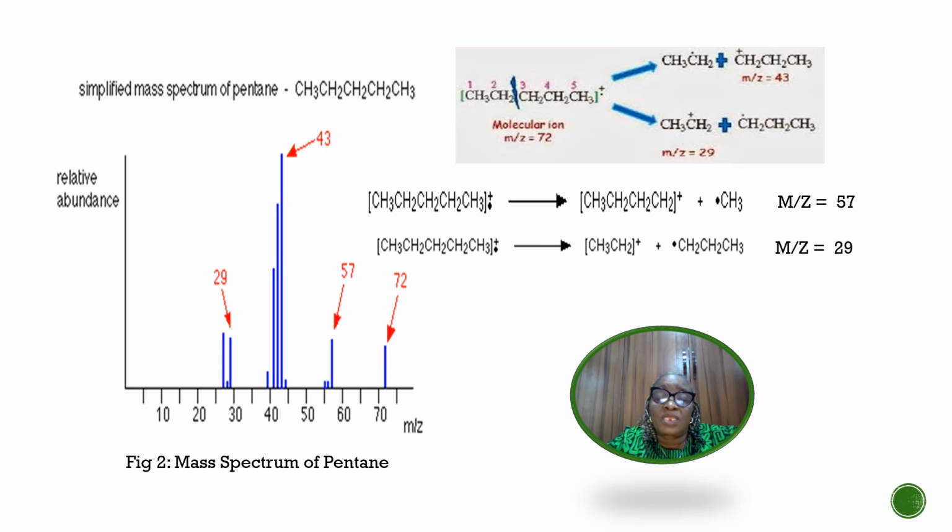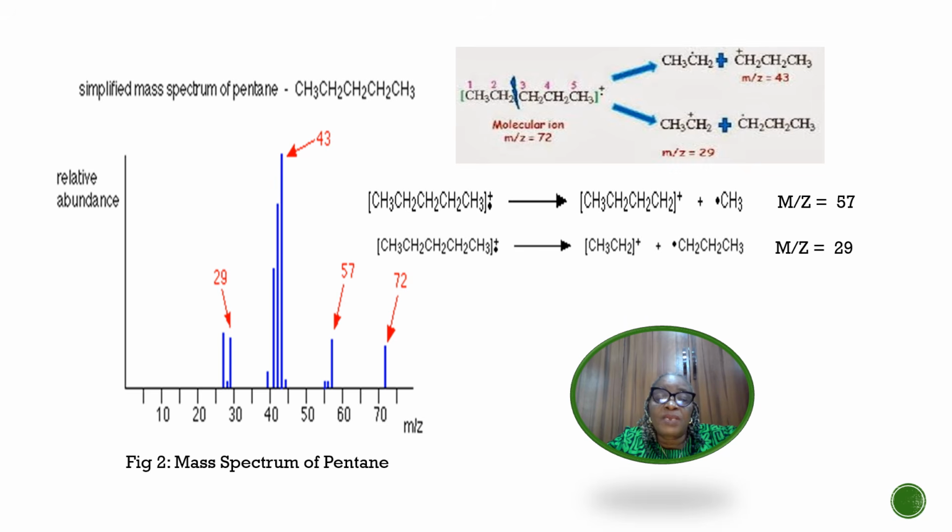If we add all together, we will have 72. And that is the line produced by the heaviest ion passing through the machine, which is pentane.